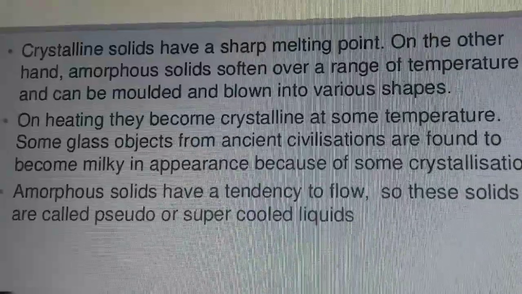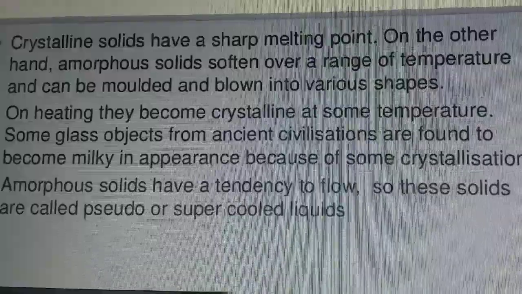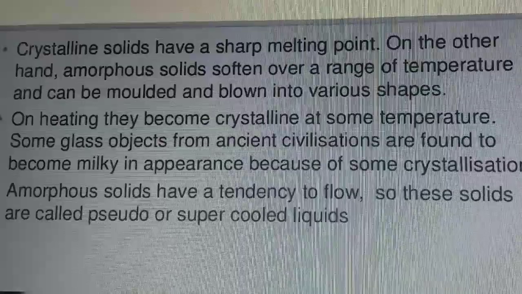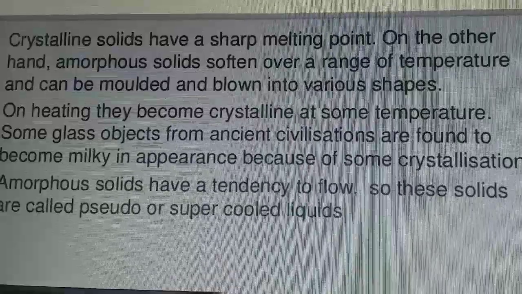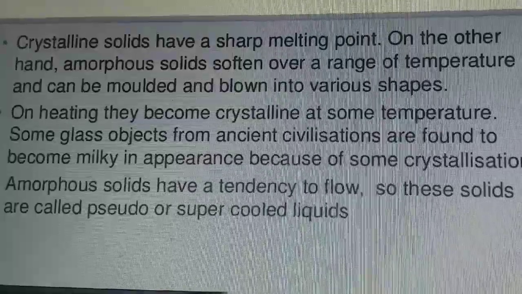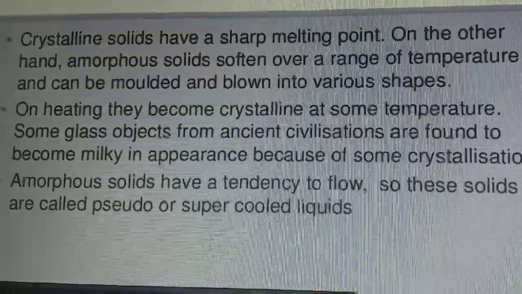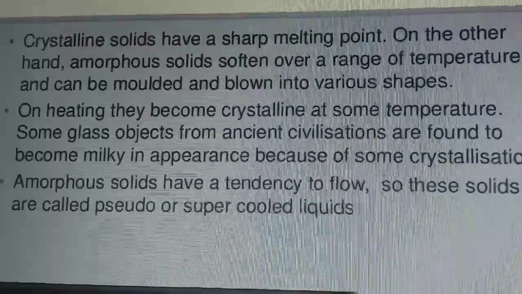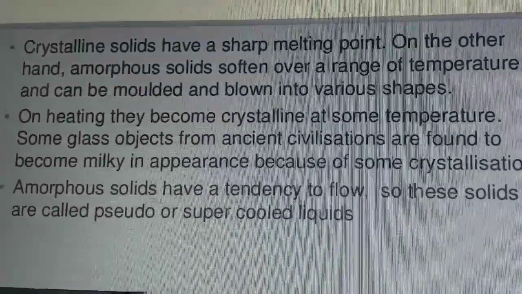Another difference is that crystalline solids have a sharp melting point. But amorphous solids soften over a range of temperature and can be molded and blown into various shapes. You already measured the melting point of some substances in the lab. They melt sharply at a particular temperature.